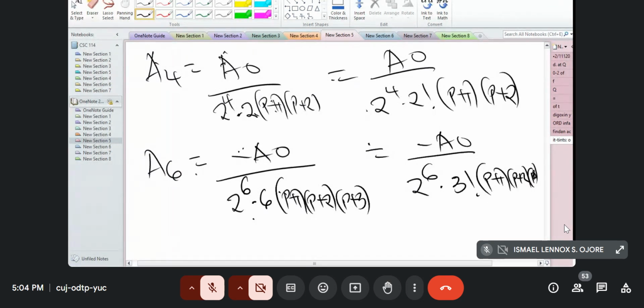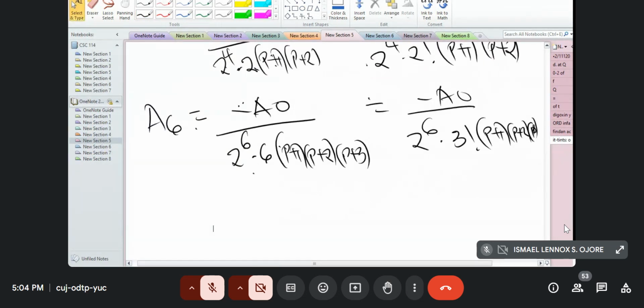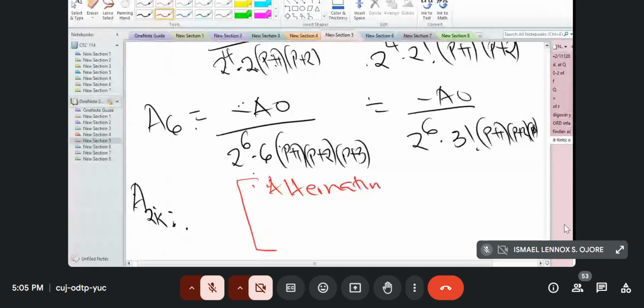I want you guys to look at the pattern. Try to deduce the pattern. First of all, what is evident is the alternating signs. A2 is negative, A4 is positive, A6 is negative. To take care of the alternating signs, what do we use? We need to try to give a formula for A sub 2k. Maybe I can say the steps. 1, we are having alternating signs. What do we use to have alternating signs?